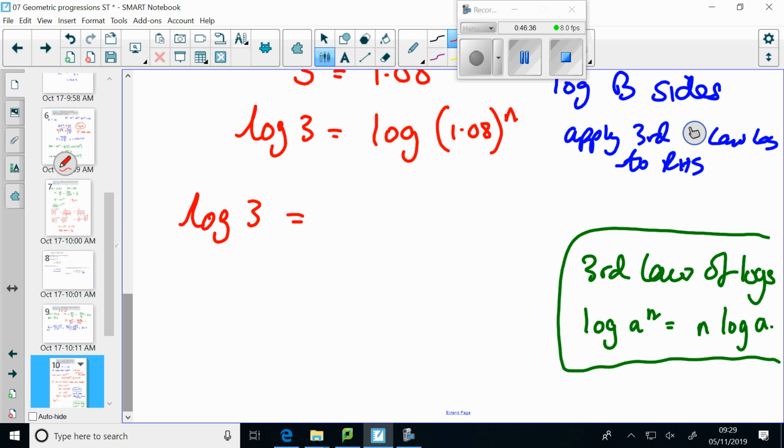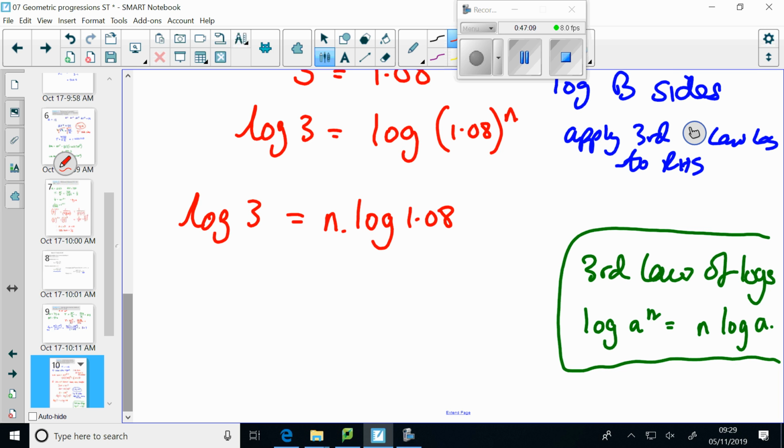So we can write that as n times the log of 1.08, and there's a times in there.